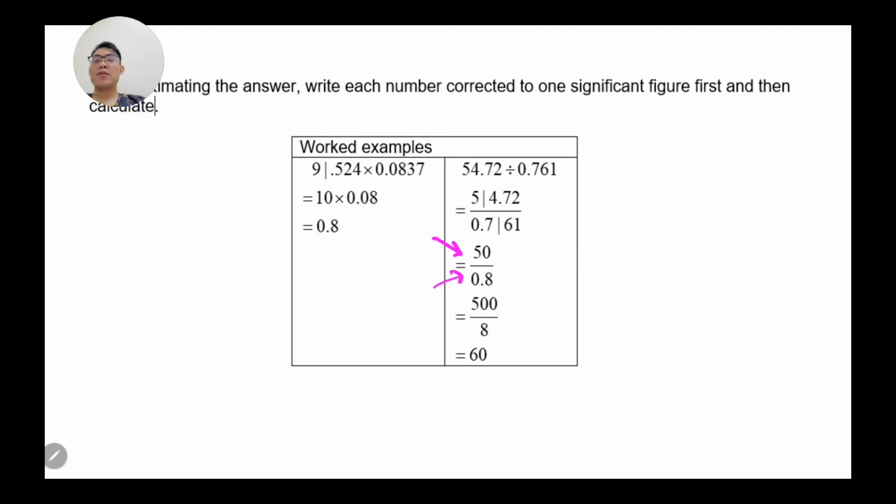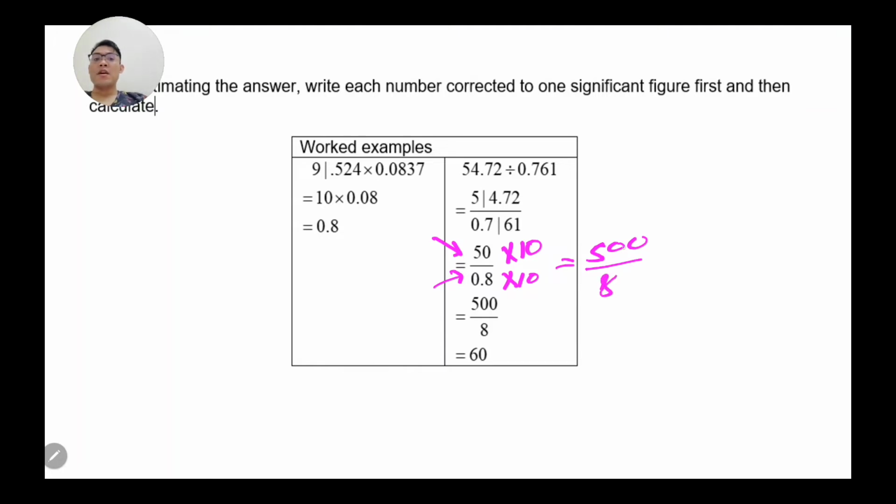To make the divisor, which is 0.8, into a whole number, you have to multiply it by 10. And remember, whatever you do to the denominator, you also have to do exactly to the numerator. So you also have to multiply it by 10. So 50 times 10 is equal to 500, and 0.8 times 10 is equal to 8.